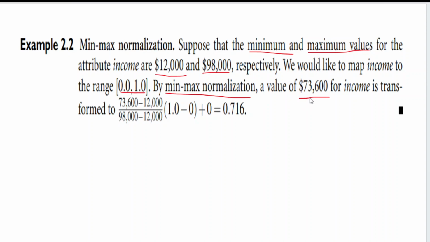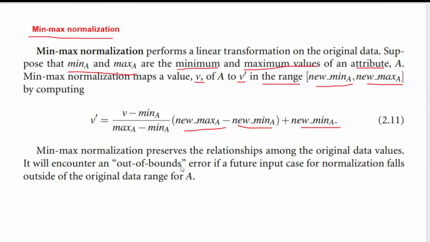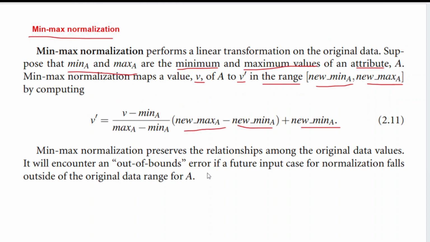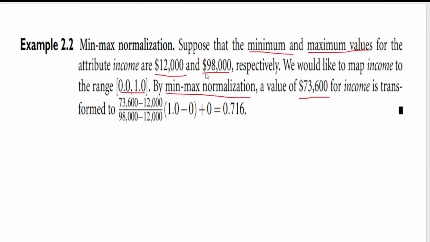The value, V is equal to 73,600 minus min A, which is 12,000, by max A minus min A. What is the maximum value here? 98,000 minus 12,000, into new max A minus new min A. Whatever range of values I have taken, these are my new min A and new max A values. So here 1 minus 0, I am going to take, plus 0. So this is the value which I got, the normalized value for my given value, $73,600.